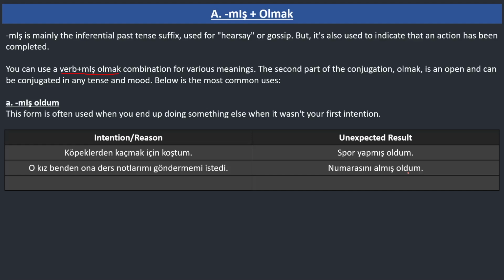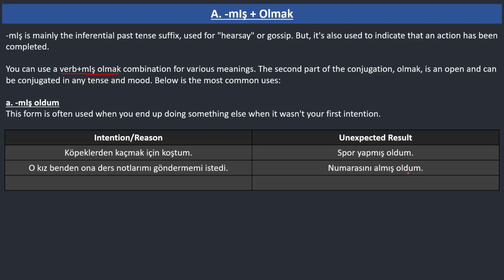What does it feel like? What is the difference between saying spor yaptım and spor yapmış oldum? Because I could technically say spor yaptım, I did exercises. But if I say spor yapmış oldum, yes, I ended up doing sports.